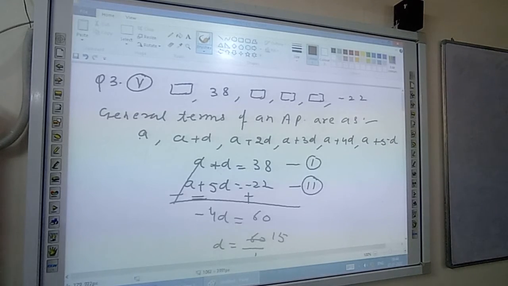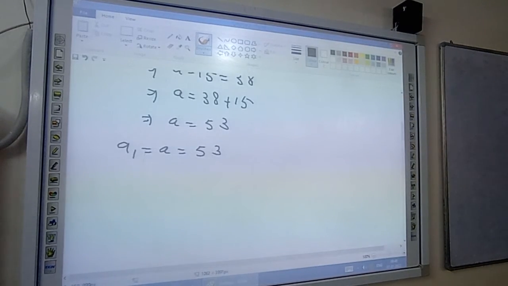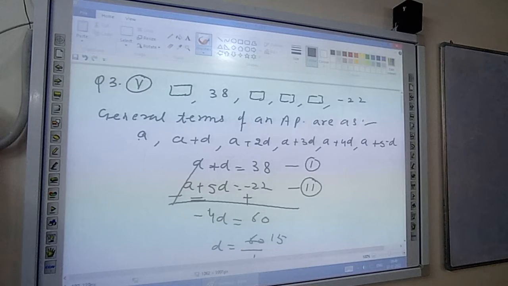Now you can find out the values of the first missing term, third term, fourth term and fifth term. Can you find out? Yes, sir. Now second term is 38.